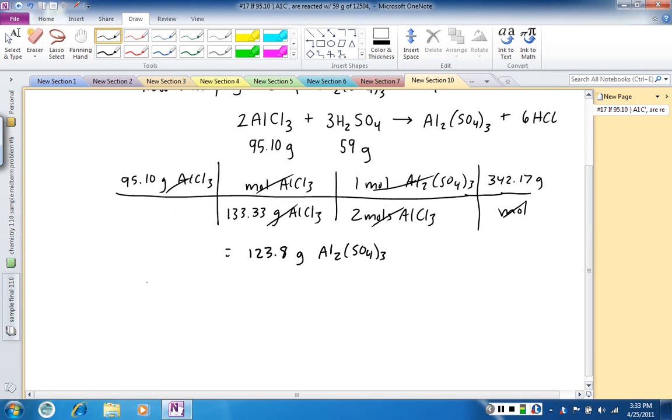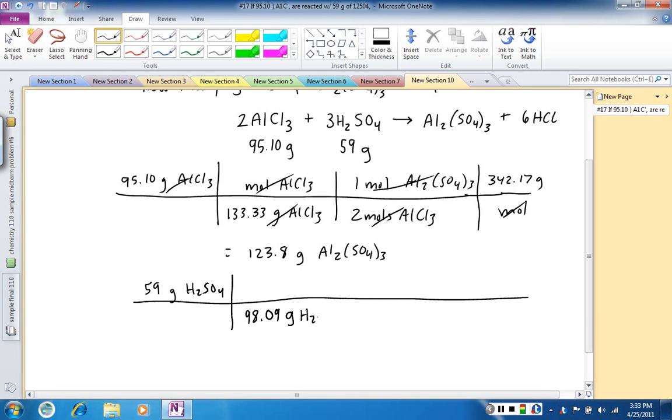And you take the other one and run it through. 59 grams of H2SO4. The weight is 98.09 grams per mole. The ratio is 3 moles of H2SO4 for 1 mole of our product.